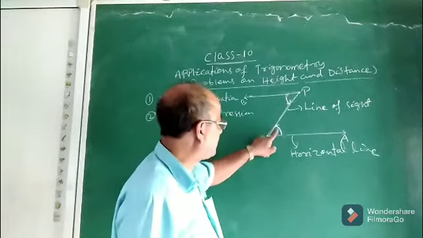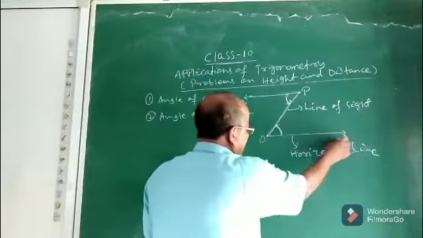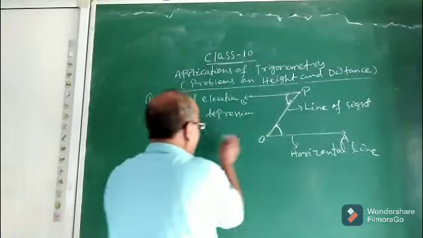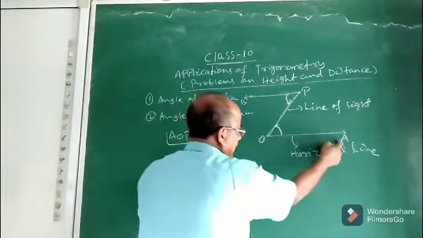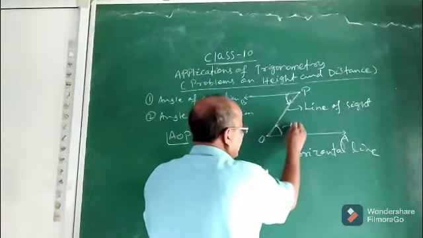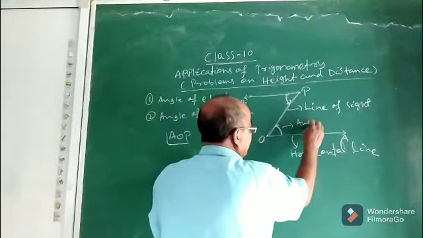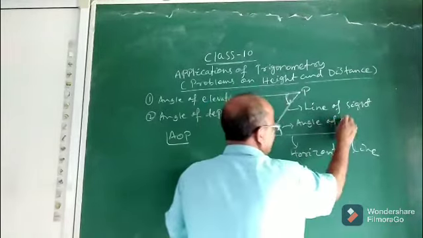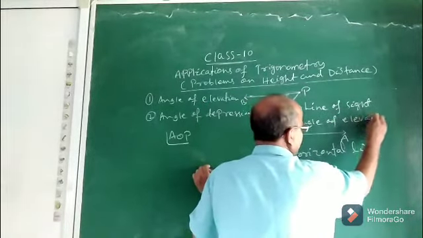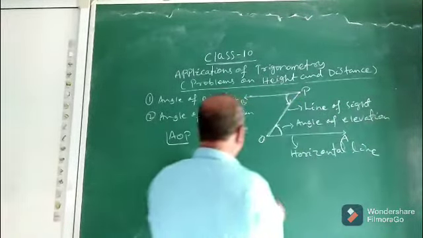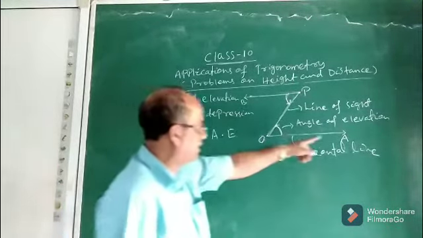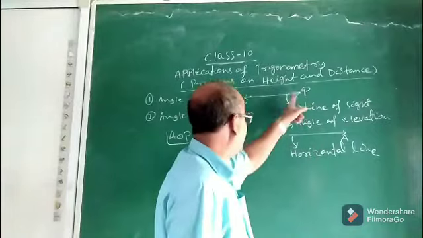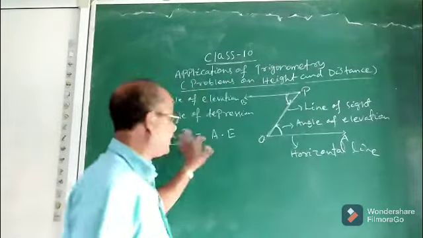So the angle which has been formed at the point O, that means angle AOP, look at the figure, angle AOP, is called the angle of elevation. So first we are discussing what angle of elevation is. Angle AOP or angle POA is called the angle of elevation.